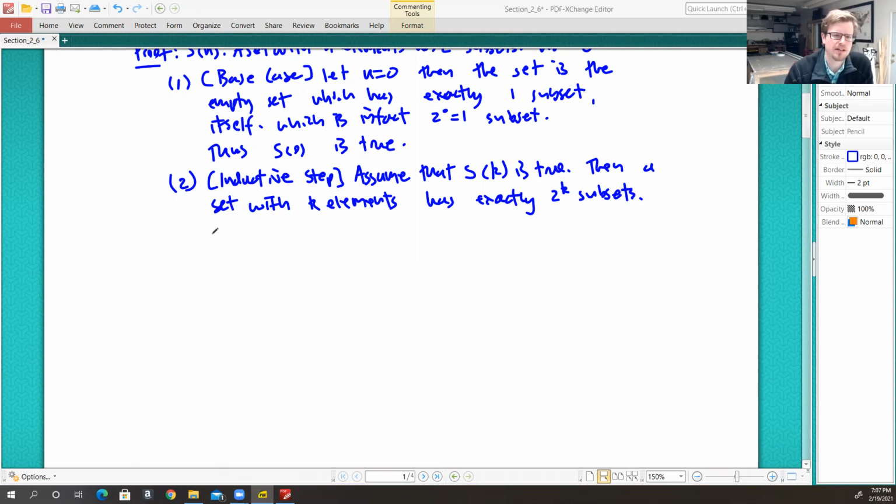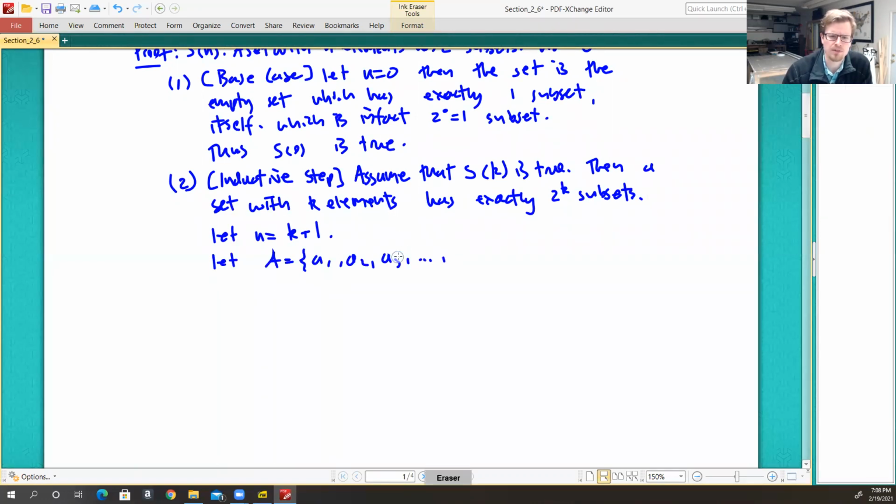So let's let n be equal to k plus 1. Furthermore, we're going to let A be a set with elements A1, A2, A3, all the way up to a sub k and a sub k plus 1.